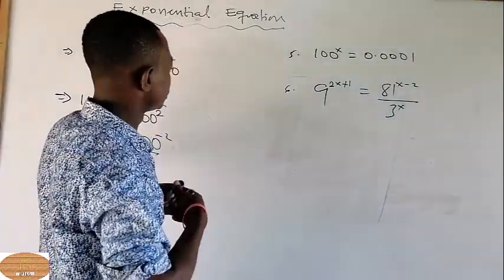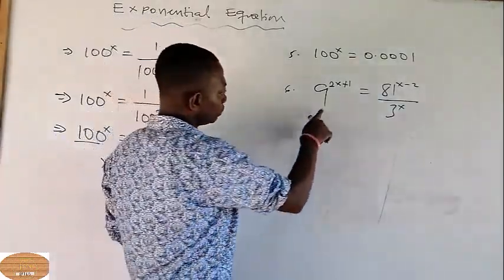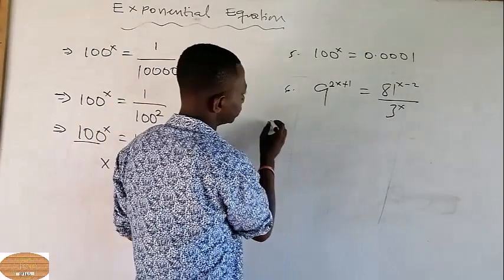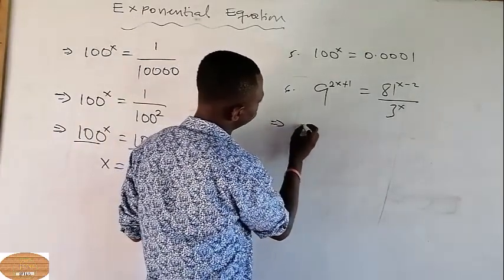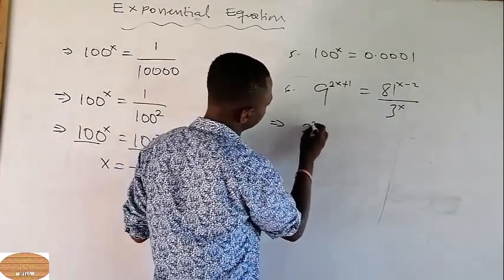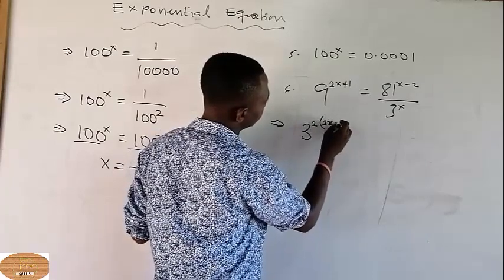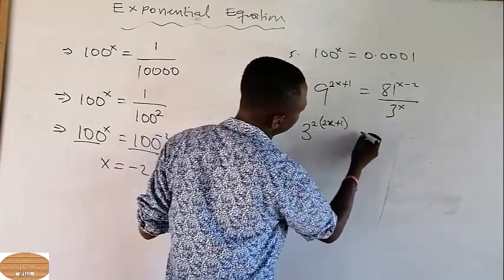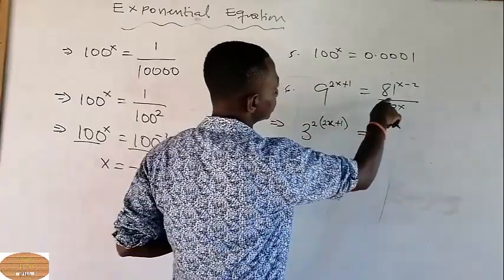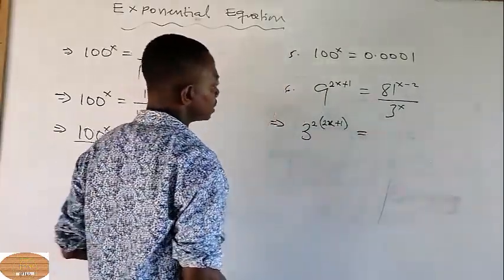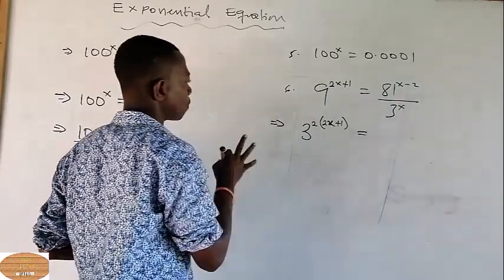Now we know that 3 to the power 2 will give you 9. So this one, 3 to the power 2 is 9. So I'll add 2x plus 1 equals, so this one is 81. Now 81 is 3 to the power 4.